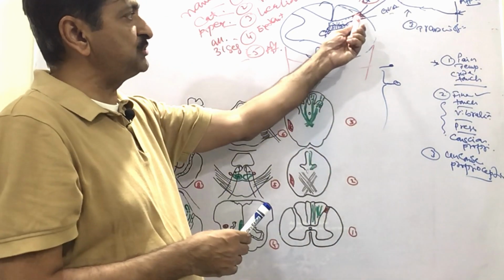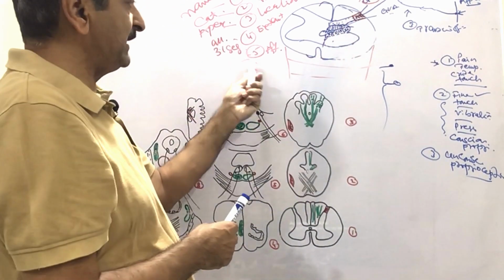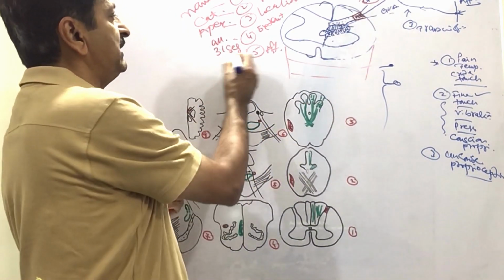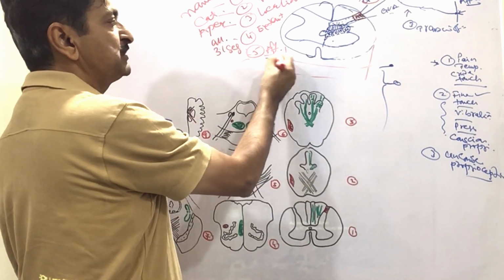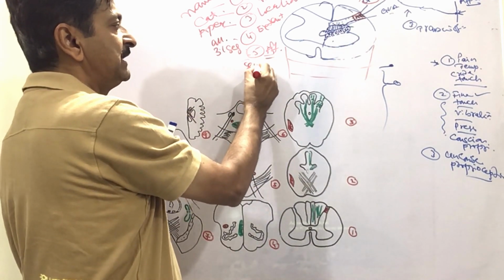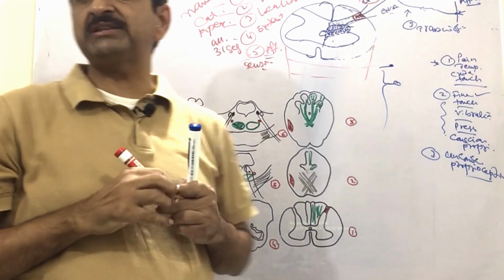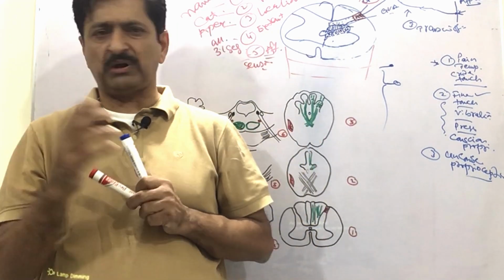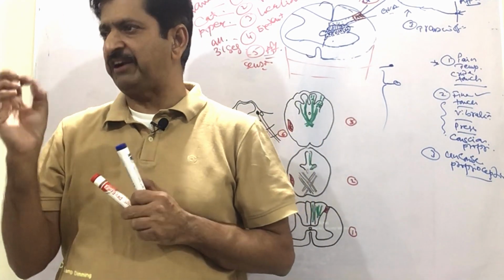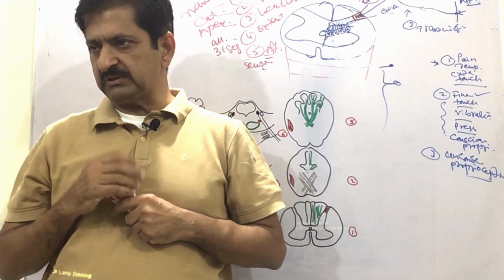And here you see that it's called the substantia gelatinosa, and then afferents here. So the fifth thing is afferents, and afferents you know already come from where? Sensory receptors via spinal nerves. Which sensory receptors? Usually pain related sensory receptors, we call them FNEs, free nerve endings. These are called the free nerve endings.